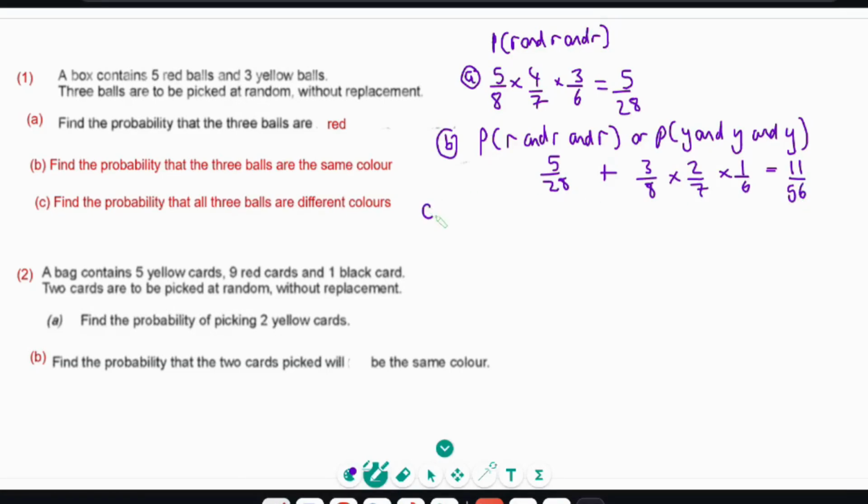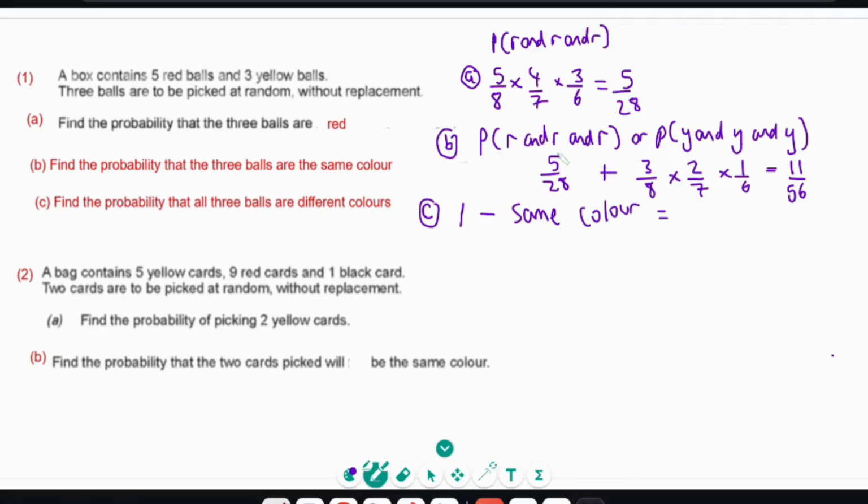And C, 3 balls are different colours. Okay, here you've got to be careful with this one, because you could have things like red, yellow, red, red, red, yellow, lots of different examples. We're going to do 1 minus same colour, because that's opposite of different colours.